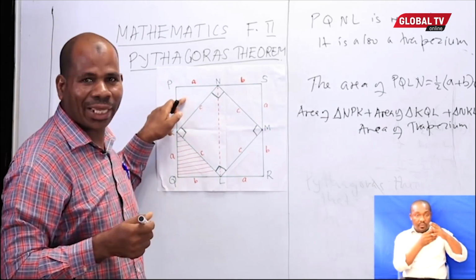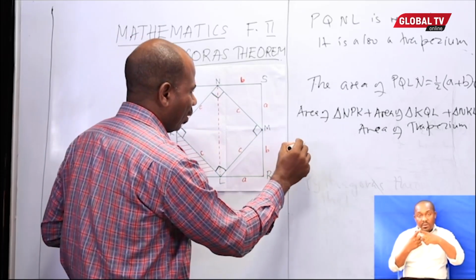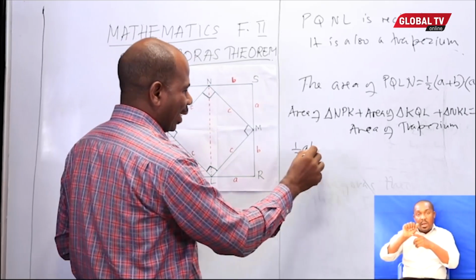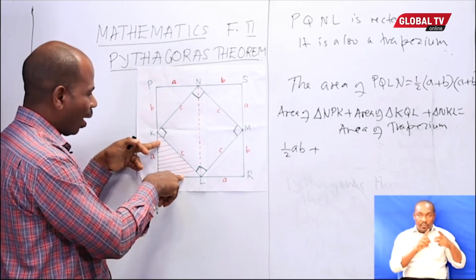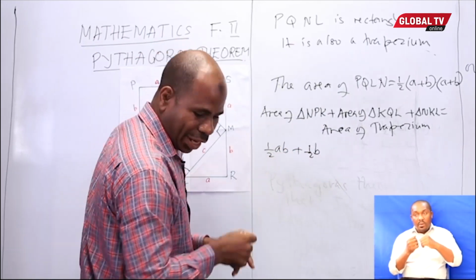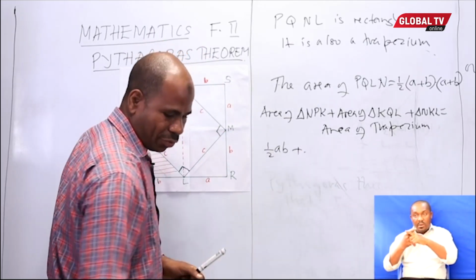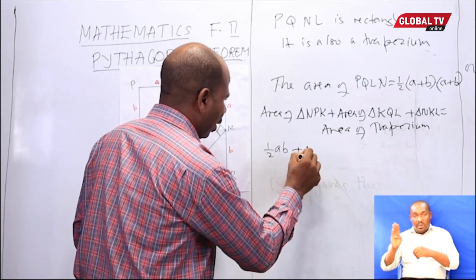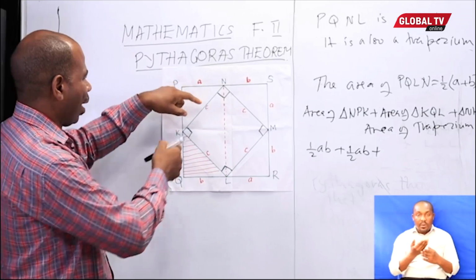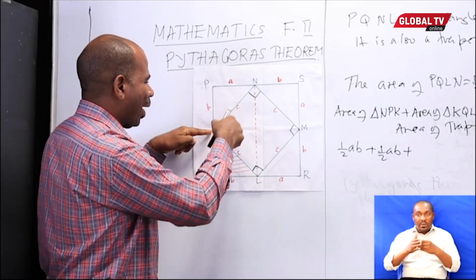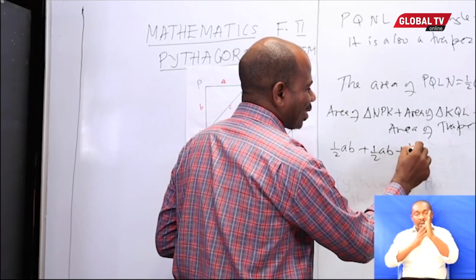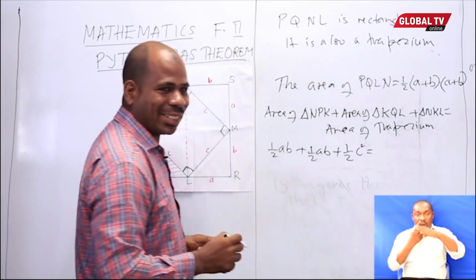For the first triangle, it is half times base A and height B. And the second triangle, the shaded one, is still half A times B. And the last triangle has base C and height C, so we have half C times C, which is the same as half C squared.